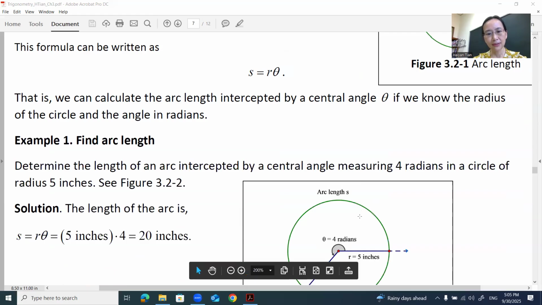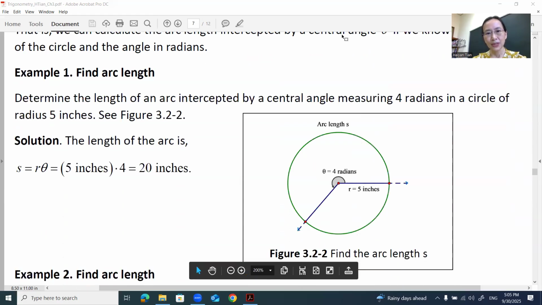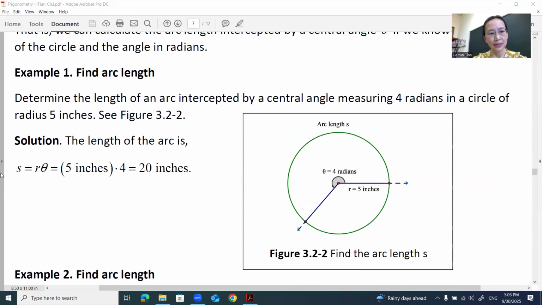So let's look at one example. Here is a theta measuring 4 radians. What's the radius? The radius is 5 inches. So then 4 times 5. See, the 5 is the radius times the theta in radians.